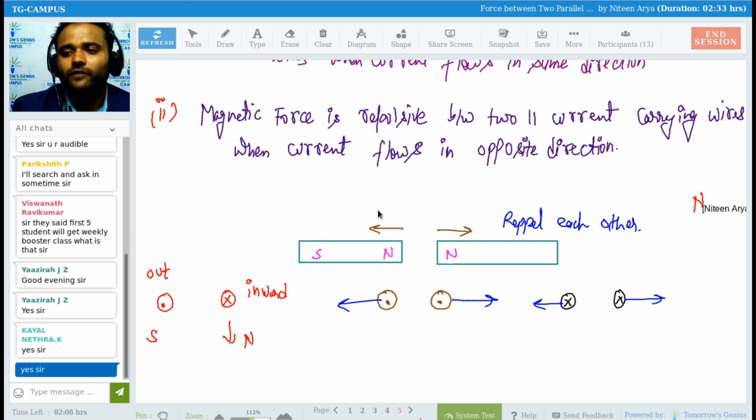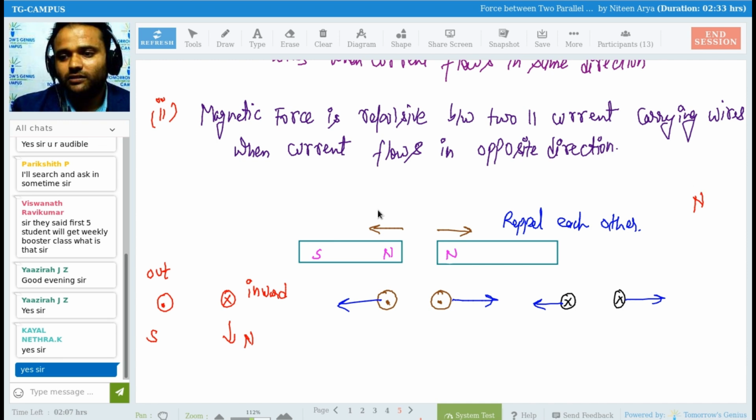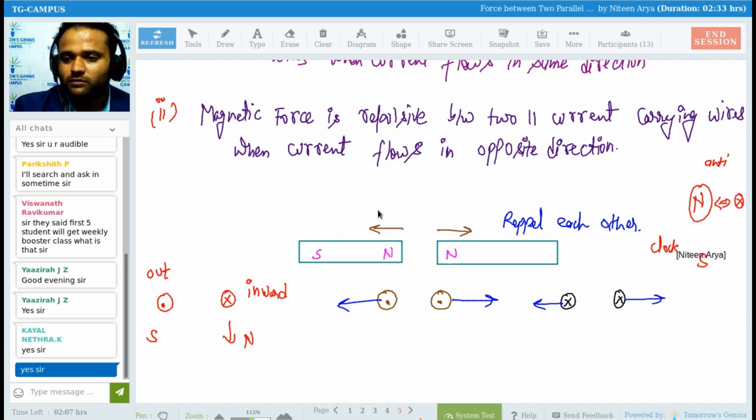Because anti-clockwise behaves as a north pole, and clockwise as a south pole. So treating this analogy, north and south, or anti-clockwise, or you can say inward, or for clockwise, outward.